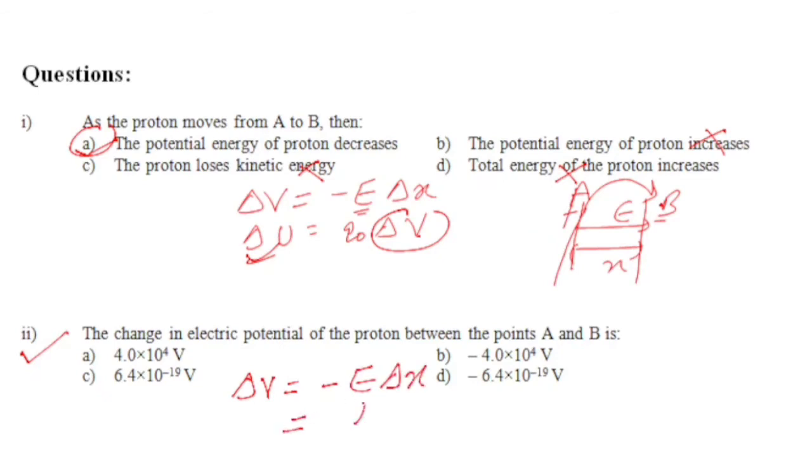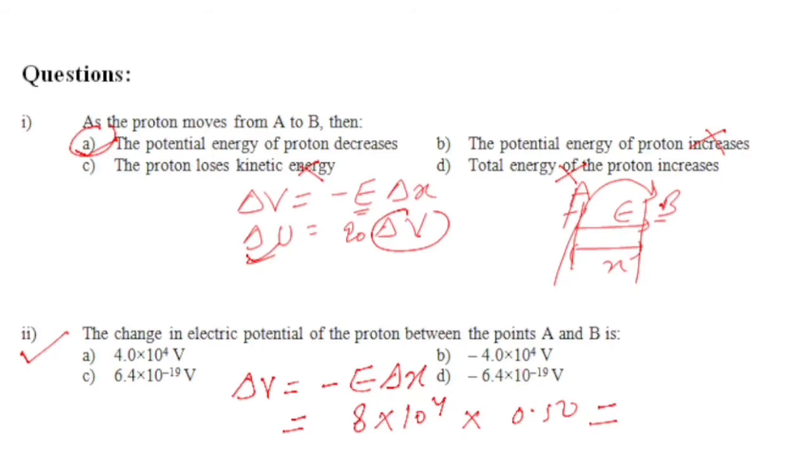Already you know E is 8 into 10 to the power 4 volt per meter, and delta X is given as 0.50 meter. When you multiply these two, E into delta X, which option is correct? 4 into 10 to the power 4 volt, minus 4 into 10 to the power 4 volt, 6.4 into 10 to the minus 19 volt, or minus 6.4 into 10 to the power minus 19 volt.